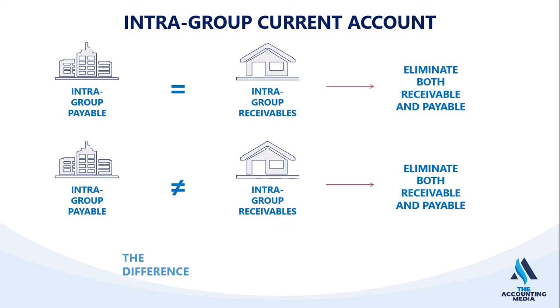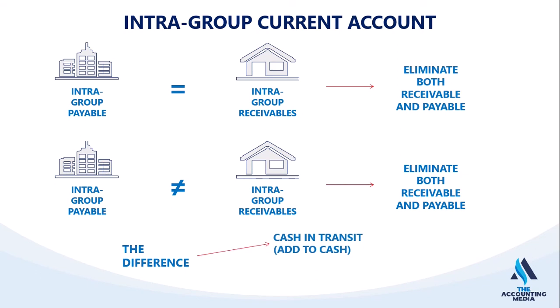When there is a difference between your intra-group payable and your intra-group receivable, it can be as a result of two things, and the first one is what we call cash in transit. For example, now maybe the subsidiary is owing the parent company money, and as at the end of a particular business day they send money through the bank. Since I send money through my bank, I will recognize the money I sent, which means that I am going to reduce my liability.